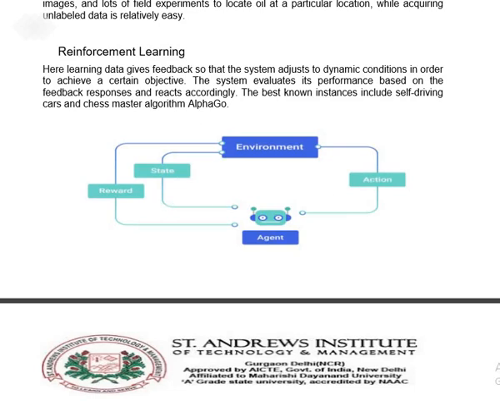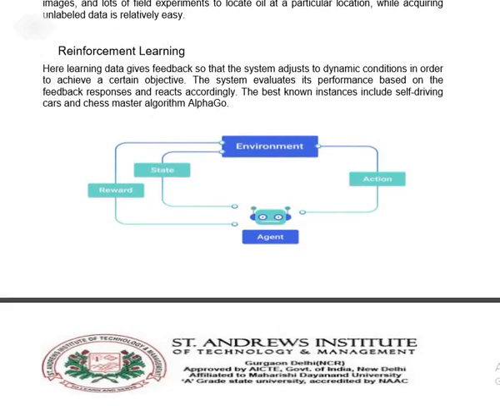By the definition, learning data gives feedback so that the system adjusts to the dynamic condition in order to achieve a certain objective. The system evaluates its performance through self-driving techniques. In the reinforcement system, the learning done in the first stage may not be 100%, but maybe 40 or 50%.